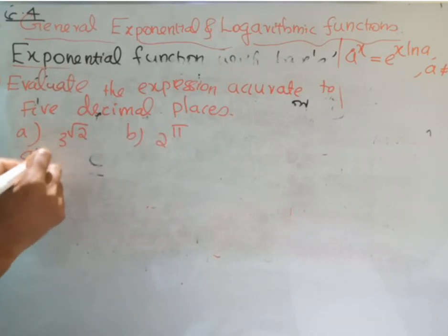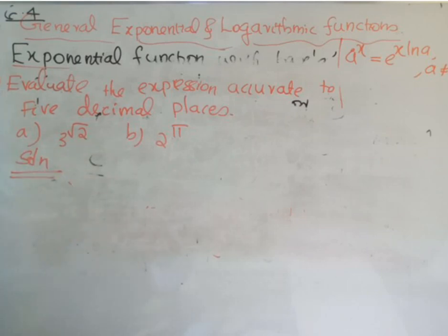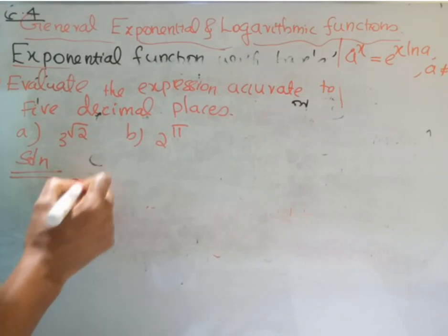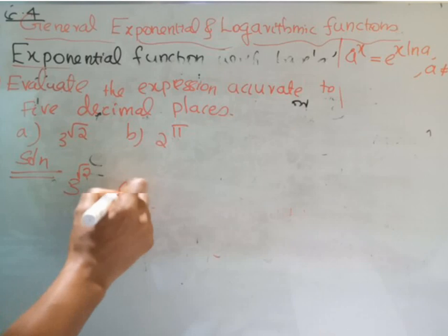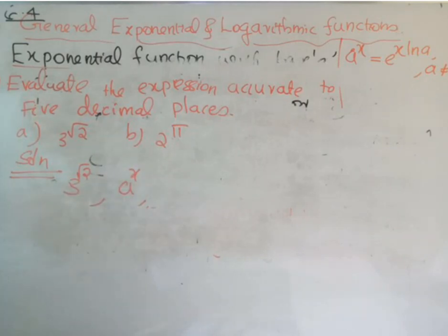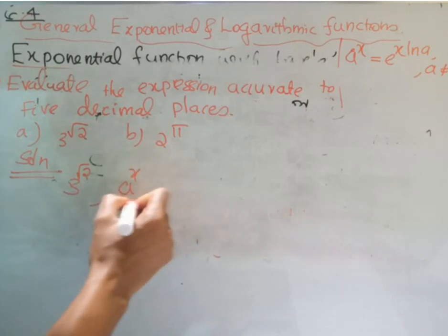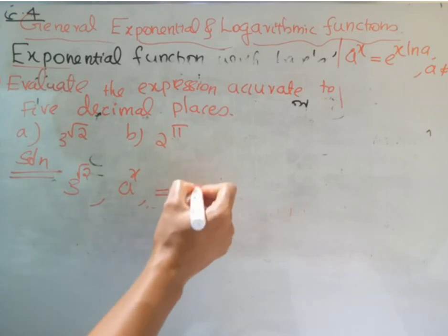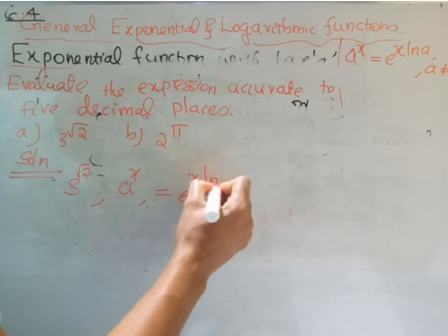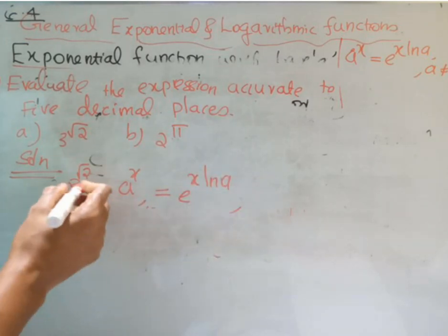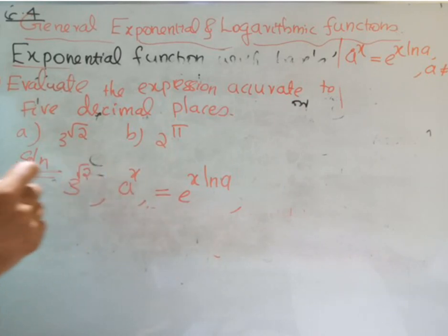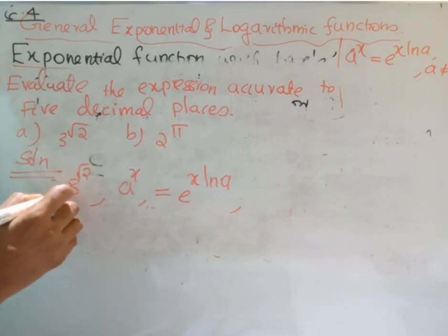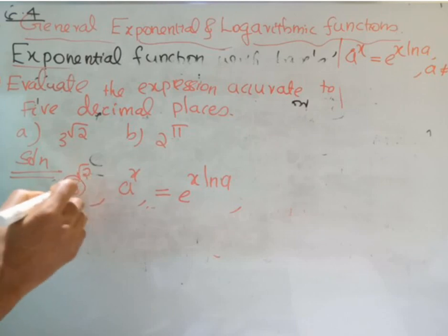The solution: 3 raised to root 2 is of the form a raised to x. We know this is e raised to x log a, so in the place of x we put root 2, and in the place of a we put 3.